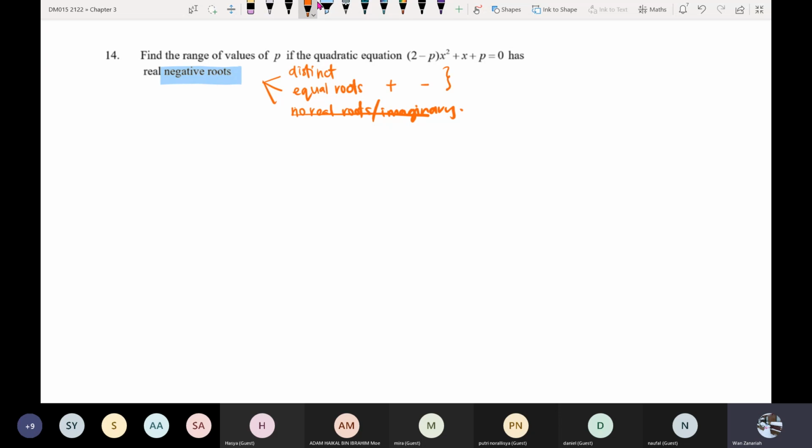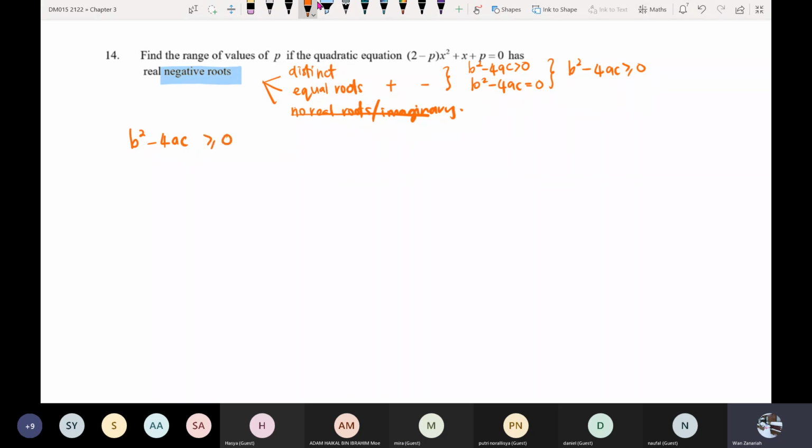Macam mana statement kita buat kalau kita tak sure antara dua? Kalau yang distinct ni B square minus 4AC greater than 0. Kalau yang ni B square minus 4AC greater and equal 0. So kalau kita combine, greater equal. So kita akan buat B square minus 4AC greater and equal 0.